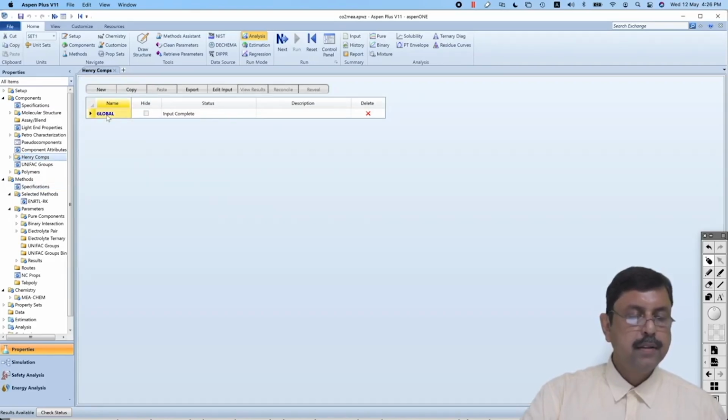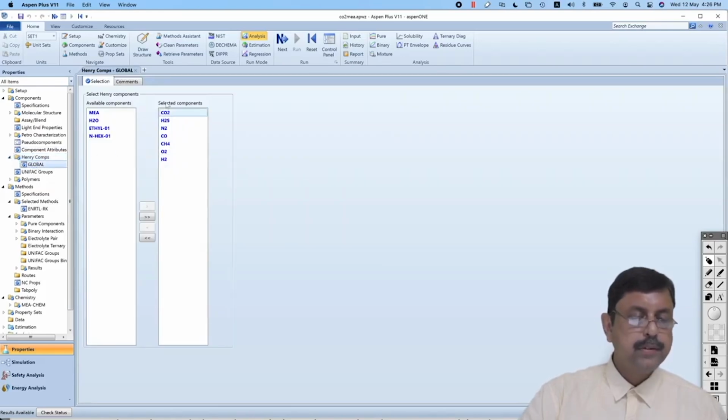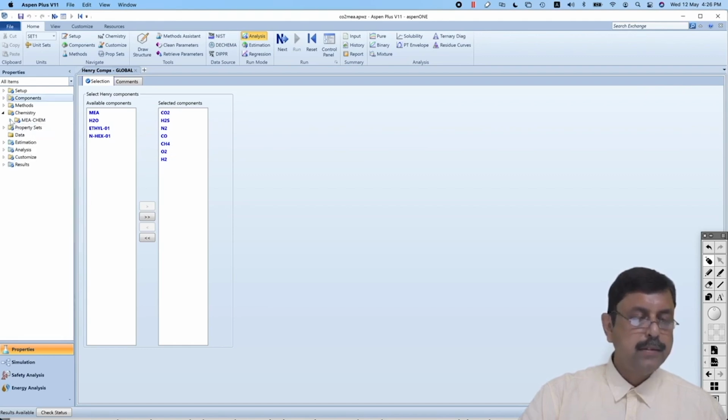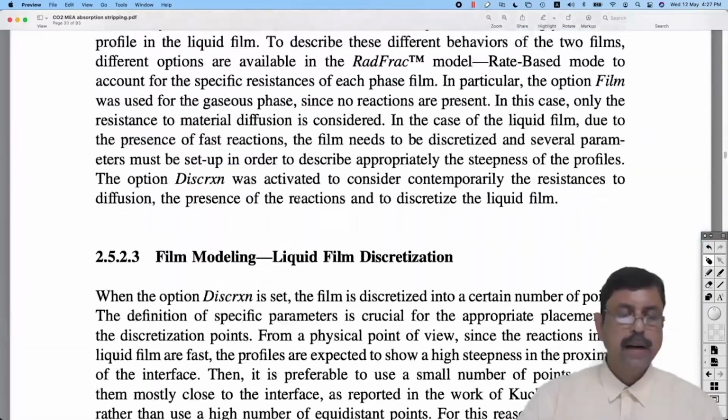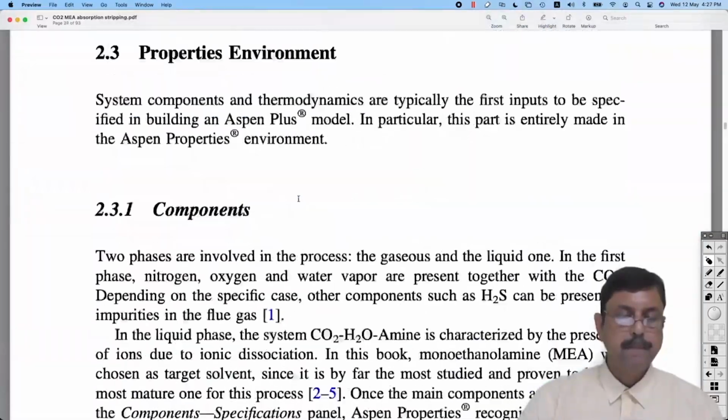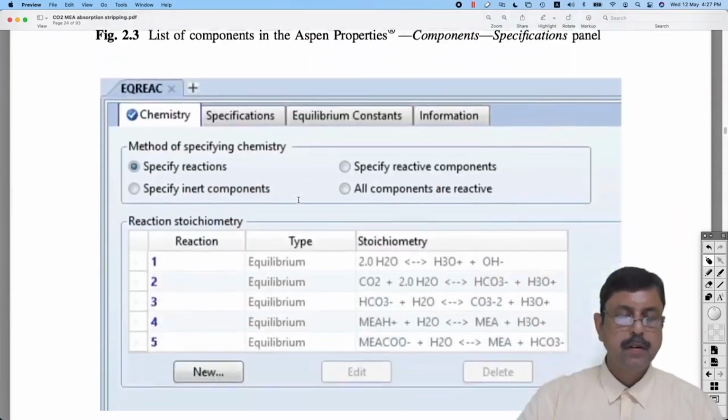So we have this Henry's component. So these are the selected Henry's components in the problem. And this is the chemistry for MEA. You will find them over here. This one.